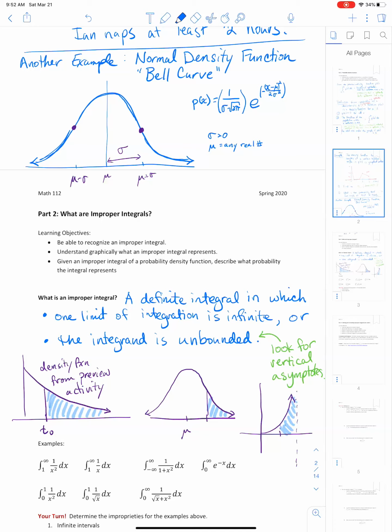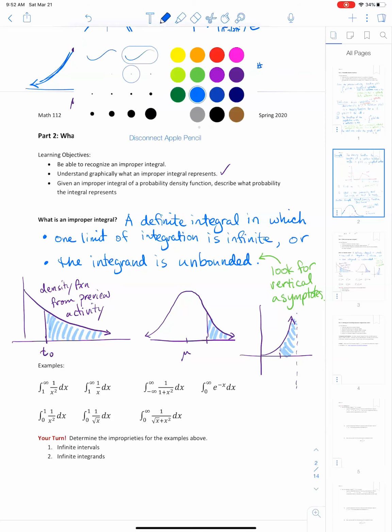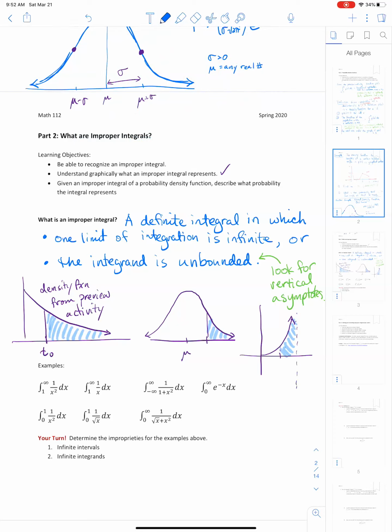And the general question that we want to be asking is, graphically, I've told you what our improper integral represents. It represents that area. And so our question here is, how can we make sense of this idea?